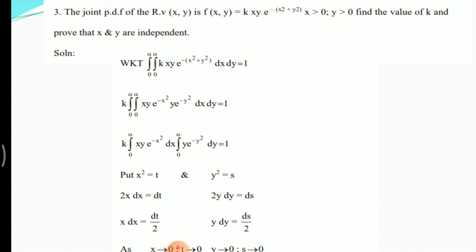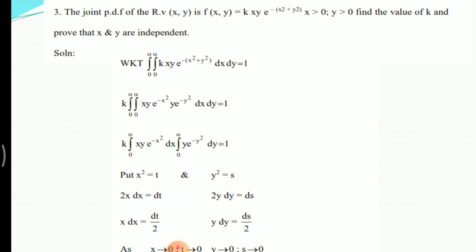The joint PDF of the random variables is f(x,y) = kxy e^(-(x² + y²)), for x and y greater than 0. Find the value of k first and prove that x and y are independent. In probability, if you want to find any constant value, you always have to apply the total probability concept. Total probability means here a double integral of kxy e^(-(x²+y²)), that is f(x,y), dx dy equals 1.